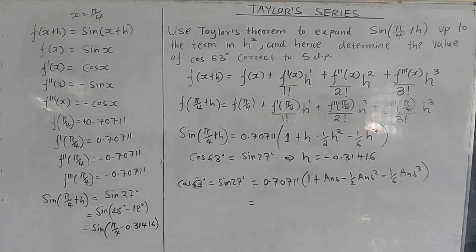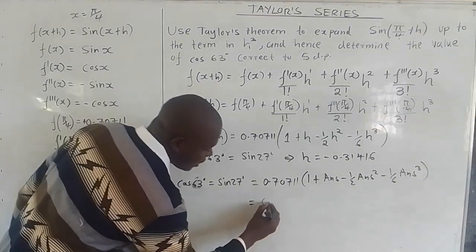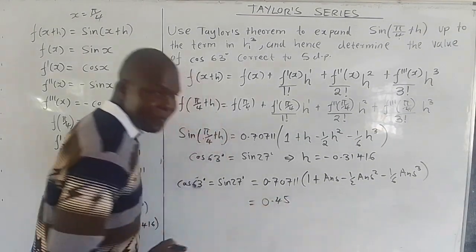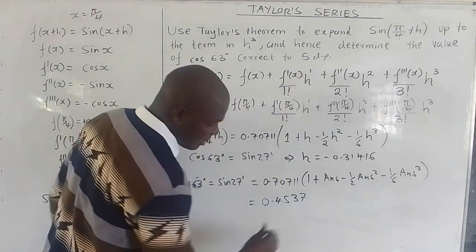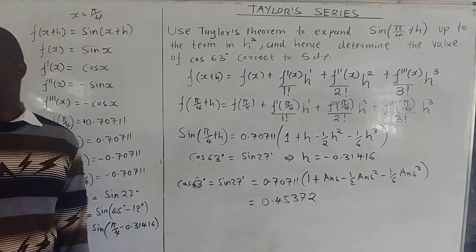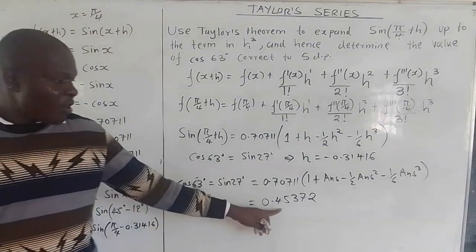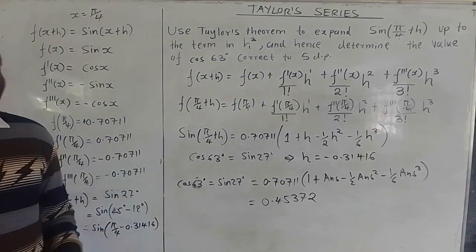You found 0.45372, 5 decimal places. 0.45372.